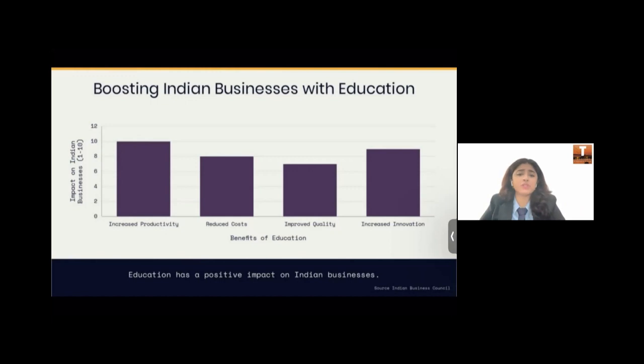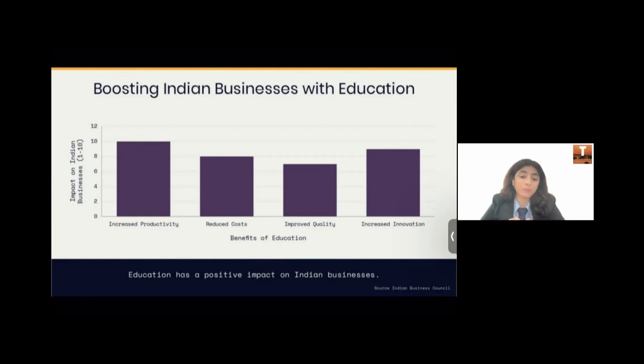And this focus on continuous learning ensures that Indian businesses remain competitive and agile in a rapidly changing business landscape. And obviously, research and innovation. Seventh would be ethical and sustainable practices. And last but not least, networking and collaboration.